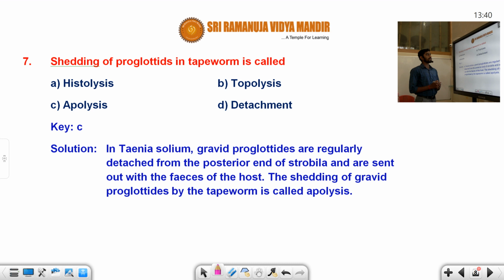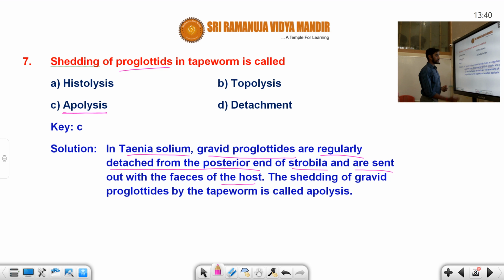So the shedding of the segments in the tapeworm is called apolysis. Histolysis, topolysis and detachment are not correct options for this seventh one. In Taenia solium, the gravid proglottids are regularly detached from the posterior end of the strobilus and sent out with the feces of the host. The shedding of the gravid proglottids by the tapeworm is called apolysis.